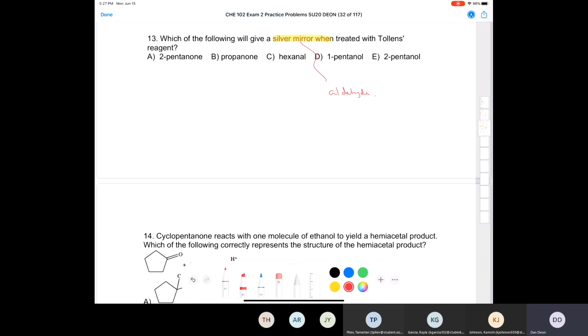Propanone is also a ketone. Hexanal is an aldehyde, so it is the correct answer. And 1-pentanol is an alcohol, and 2-pentanol is an alcohol. So there you go. That wasn't too bad.